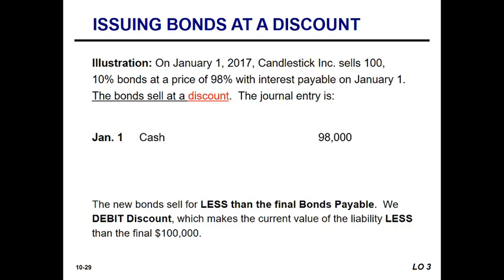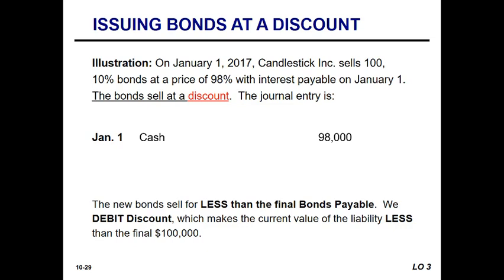We have an obligation to pay the full $100,000 face value of the bonds at maturity. That is written into the bond debenture, the bond certificate, that we will pay $1,000 per bond at maturity, although we only received $98,000.